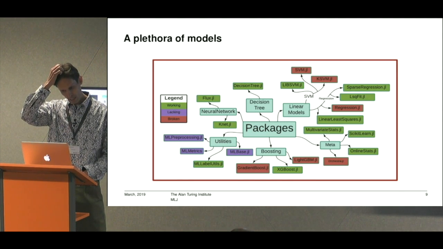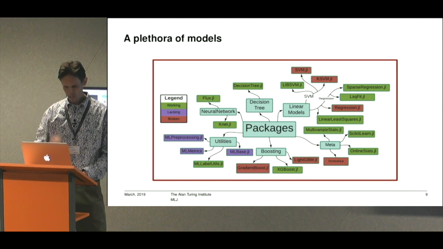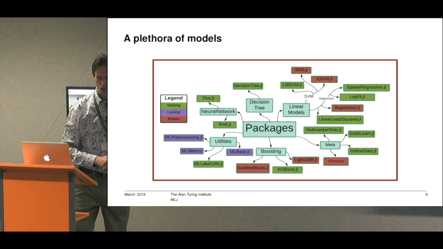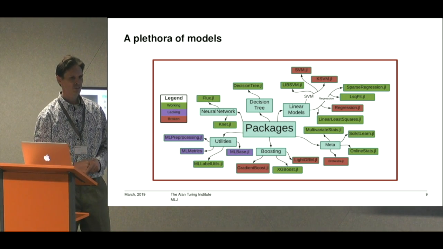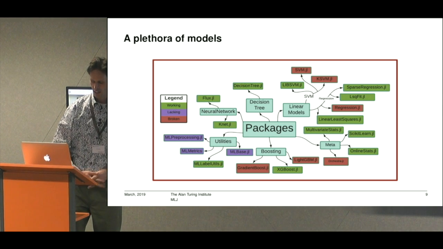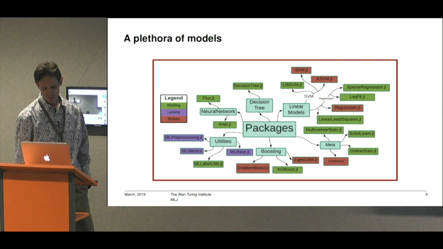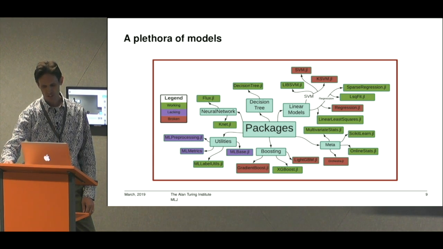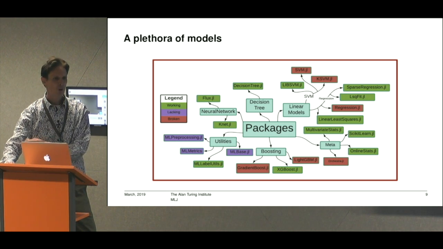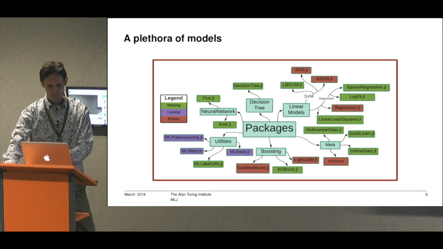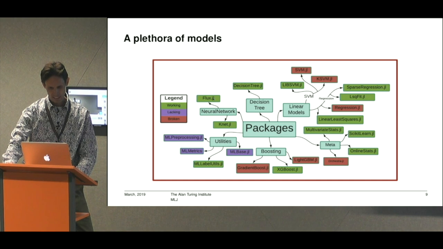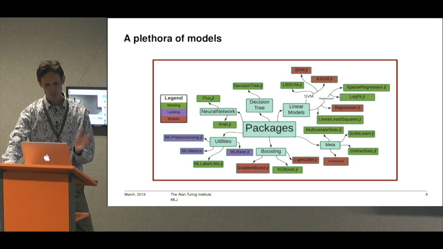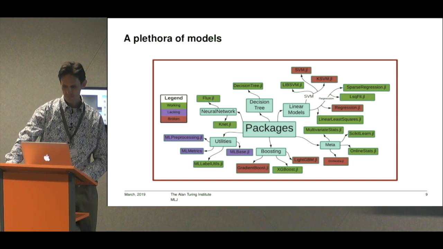Okay, so as I've hinted at, there are lots and lots of different models that you might want to try out in any particular machine learning task. This diagram here is a picture of some of the packages currently written in Julia that implement models. It's a little bit out of date, but gives you an idea. For example, over here we have Flux, which probably a lot of you will have heard about, which implements so-called neural network models.